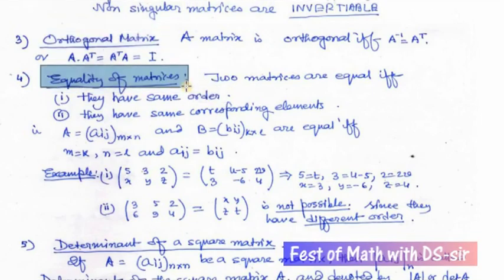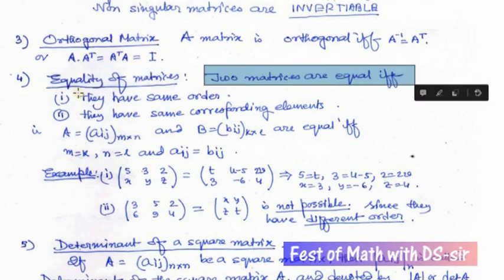There is a big difference between equality of matrices and equality of determinants. Two determinants were called equal when they have the same value. But since matrices don't have any value, they are equal only when they are identical twins. See the definition, why I call them identical twins.